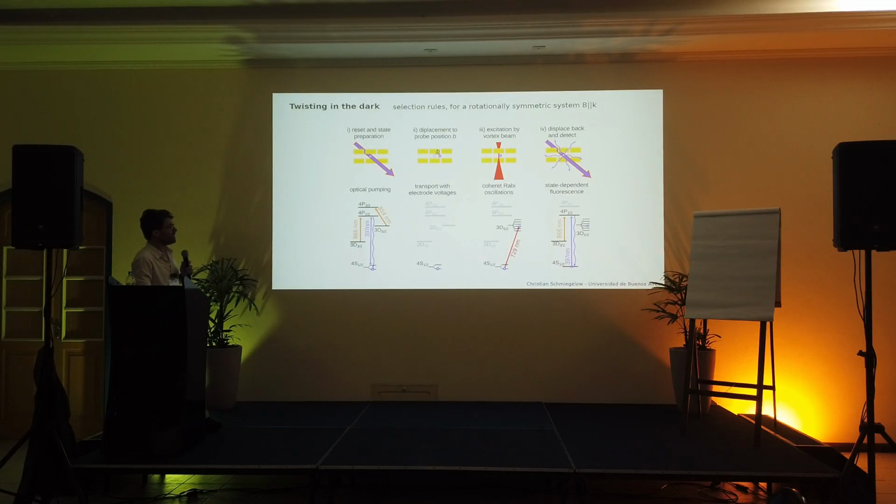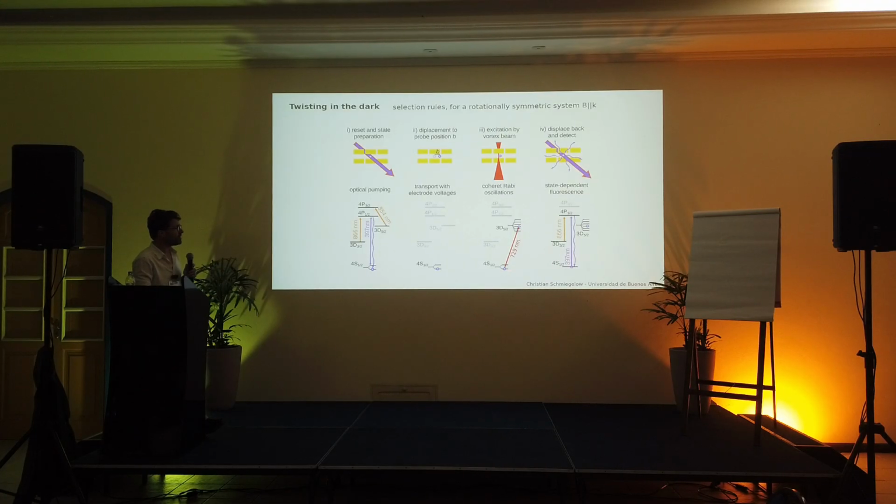Then when we prepare the first state, we turn on this beam that will excite it. It's tuned to one of these transitions. We can, of course, move the beam with respect to the ion, but for the experiments that I'm going to show you now, the beam is in the center. The ones that I showed you before could be displaced, but for the ones that come now, they're not displaced.